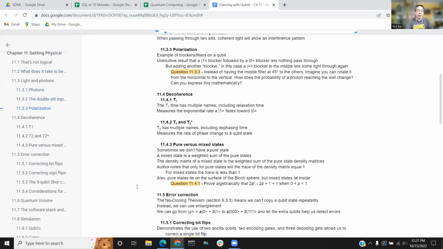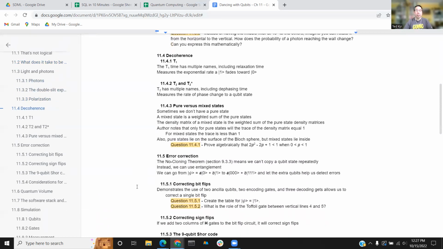All right, so then we get into some of the more technical aspects of when you say that the quantum state will decohere, what do you mean? And so the author gives us two different measures you can think about. So one is, if you have something in Ket 1, and that's the higher energy state by convention, then that energy is going to fade, and it's going to be an exponential decay.